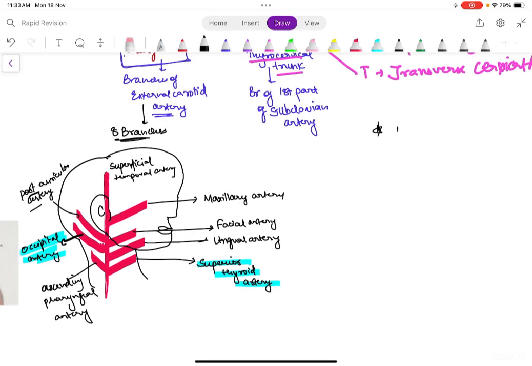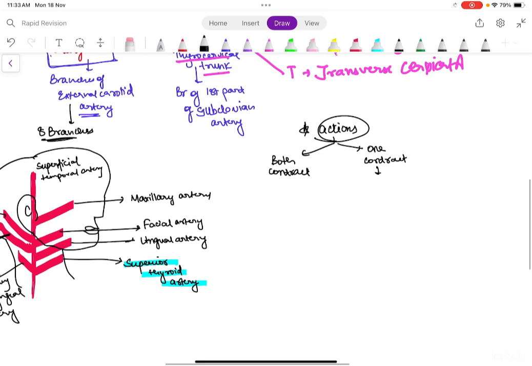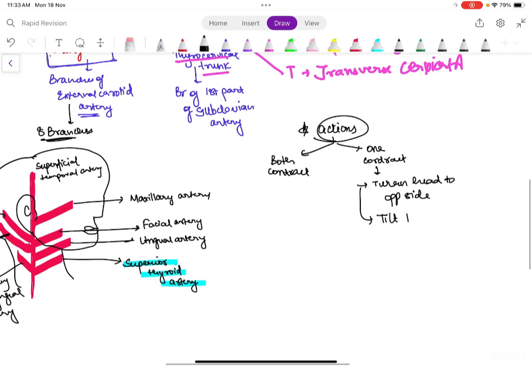Now coming on to the actions. In actions you have 2 headings. One is when both contract and when one contracts. When one contracts you can turn head to opposite side, and you can tilt the head and shoulder to same side.